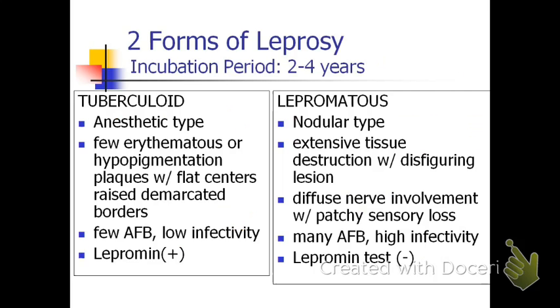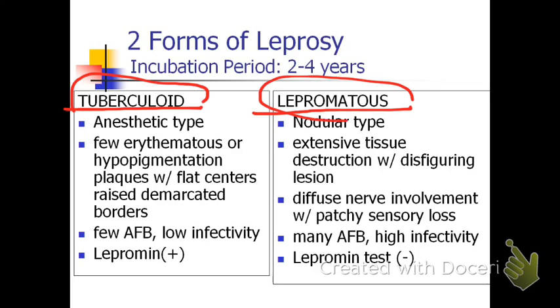There are two forms of leprosy, and being a slow grower, the incubation period would be about 2 to 4 years. I will give you time to read the two forms of leprosy and tell me which one you would rather have: the tuberculoid type or the lepromatous type?